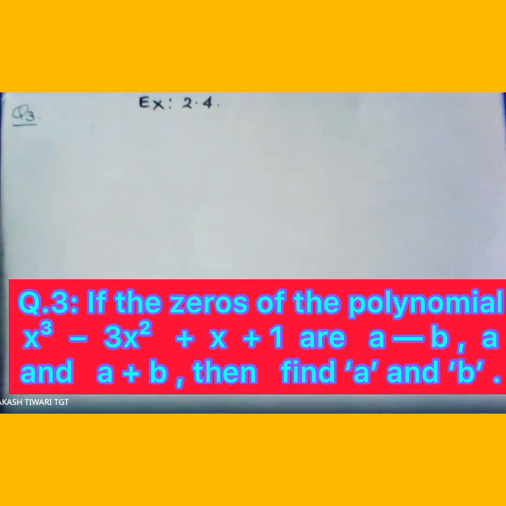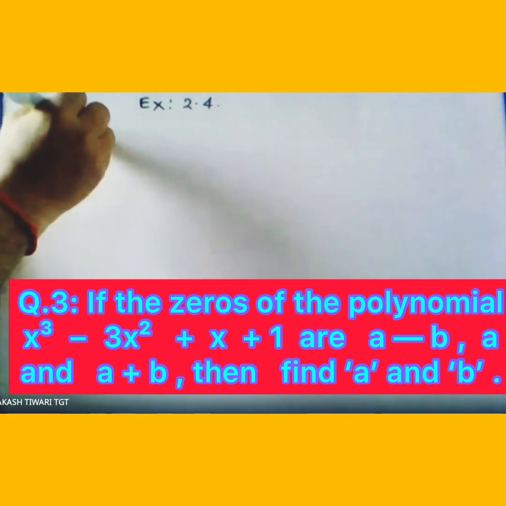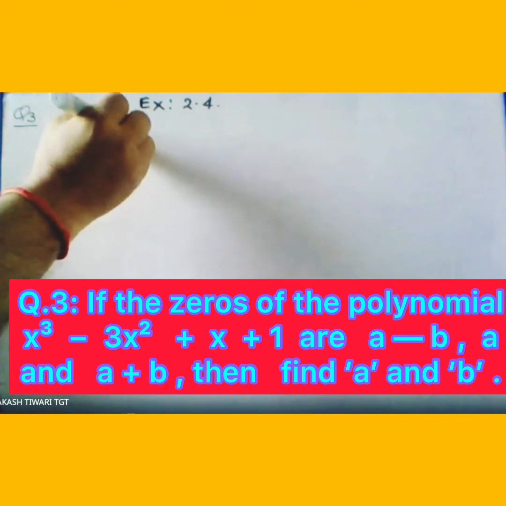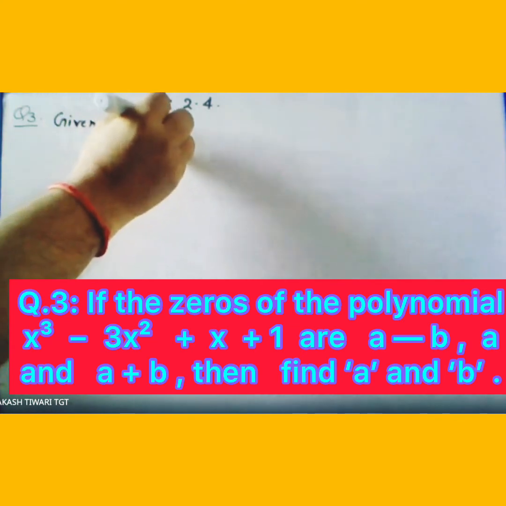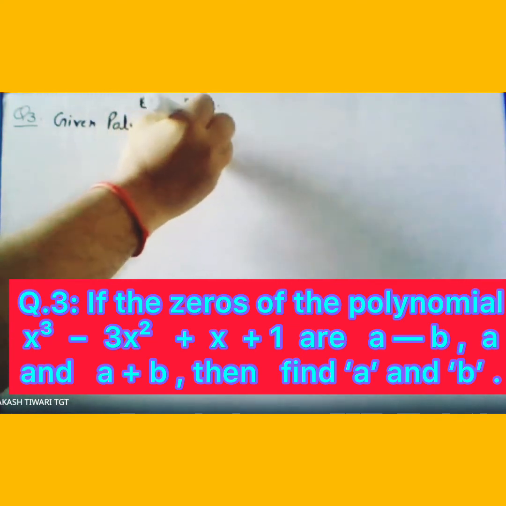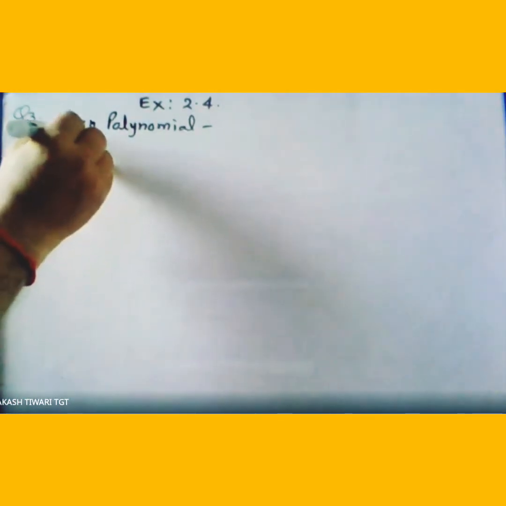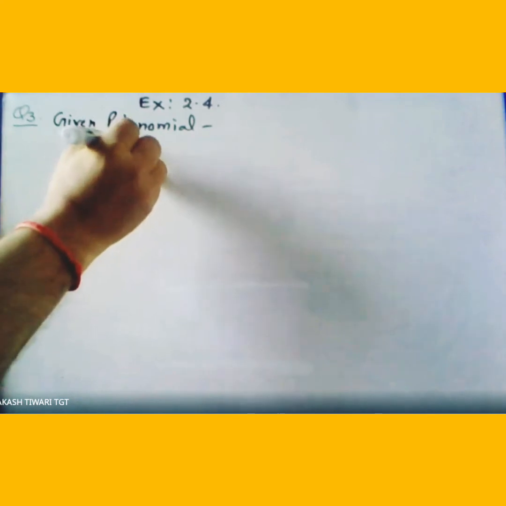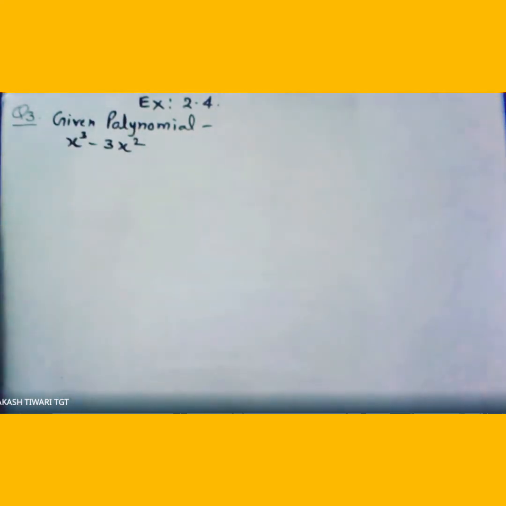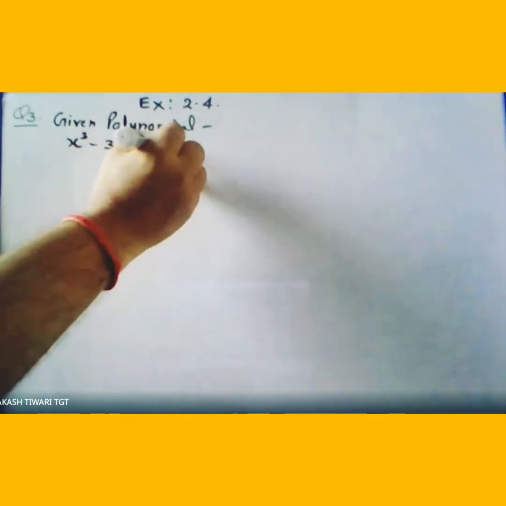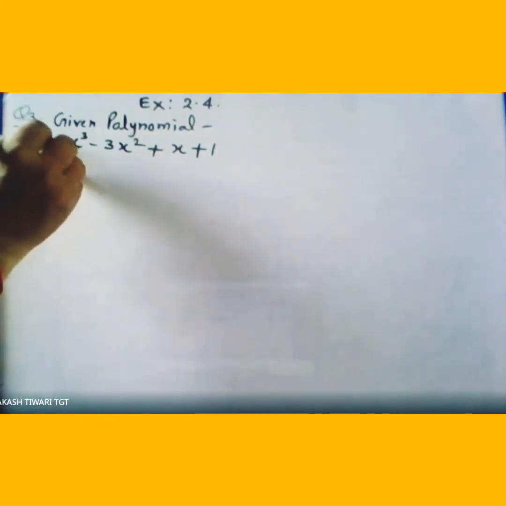And given polynomial is this, dear, x cube minus 3x square and then plus x plus 1 and let this is px equal to given.